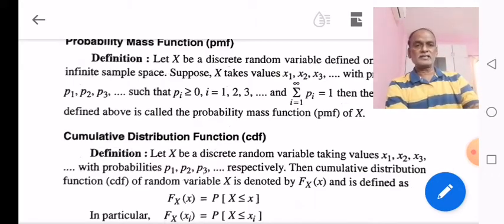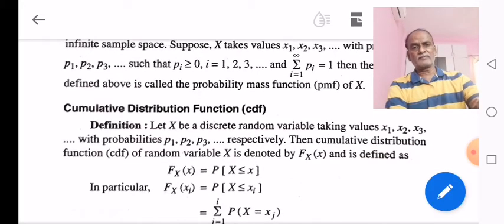So the definition is: let X be a discrete random variable taking values x1, x2, x3, and so on, with probabilities p1, p2, p3 respectively. Then the cumulative distribution function CDF of the random variable X is denoted by capital F_X(x) and is defined as F(x) equal to the probability that X is less than or equal to small x.